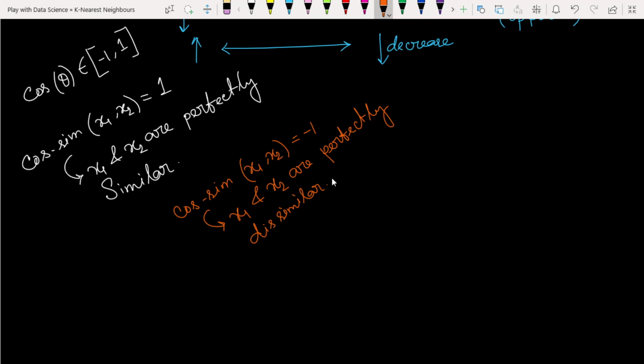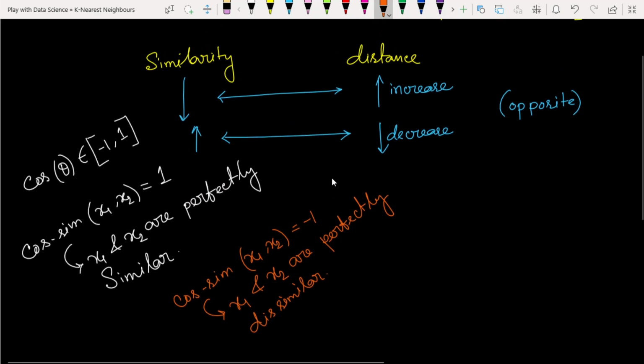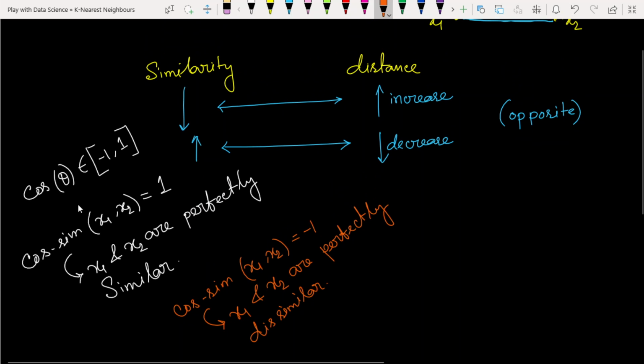Okay, this is the simple rule. Now let's construct the similarity concept. If cos theta takes its maximum value, then we can conclude that our two vectors are perfectly similar. If cos theta takes the minimum value, then we conclude that our two vectors are perfectly dissimilar. Now we construct a relationship here.